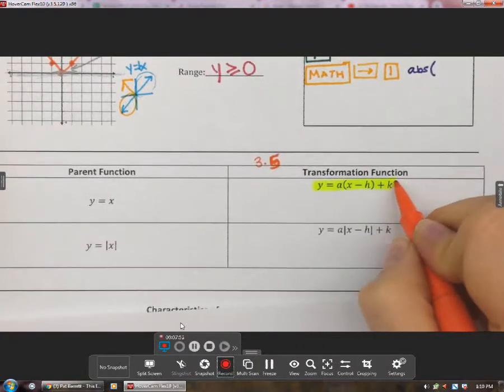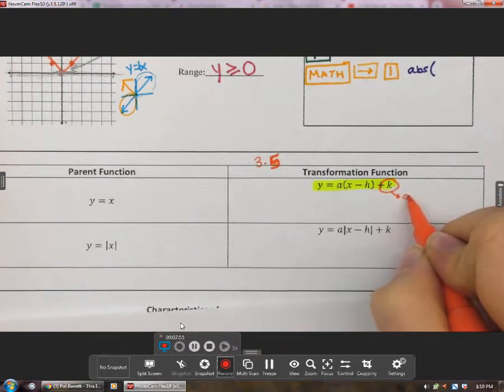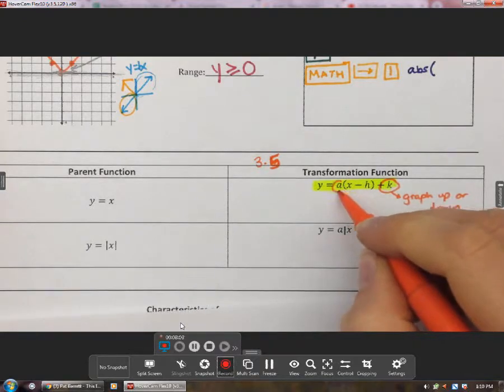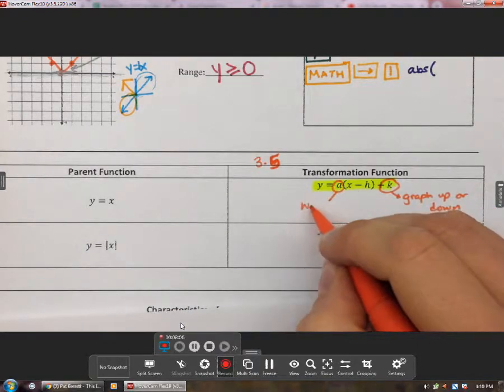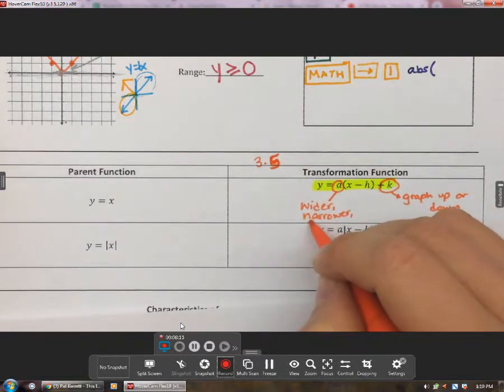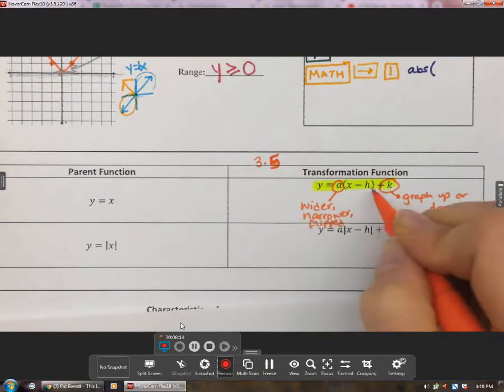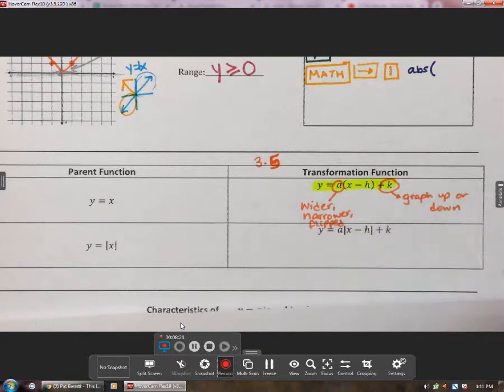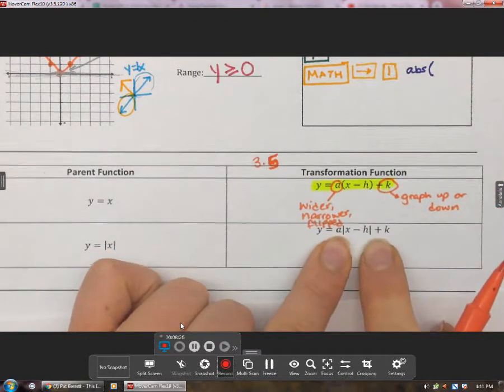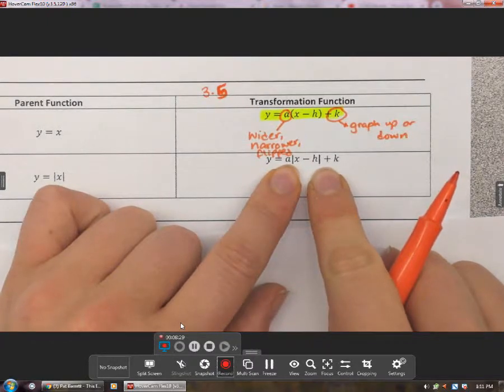Okay, last week we said this plus k could move our graph up or down. The A value makes our graph wider, narrower, or flipped. The H moves it left or right. Okay, this was just for a regular linear function. The same thing is true when we have absolute value.